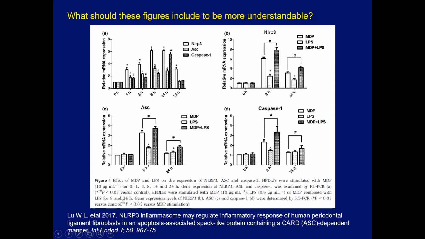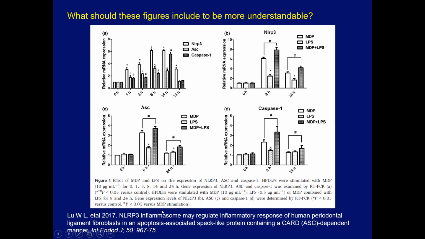But if you notice the figure legend here, it explains the MTP and LPS and the expression of those markers in the type of cell stimulated with those MTP. Here you can notice the concentration for different times. The gene expression of those markers was examined by RT-PCR. So sometimes very briefly they explain the type of equipment or method used to test this expression.